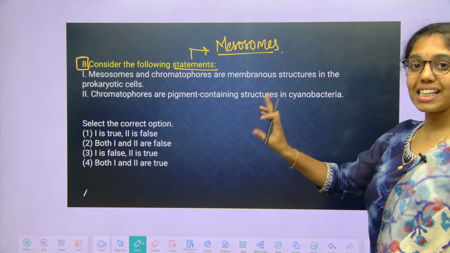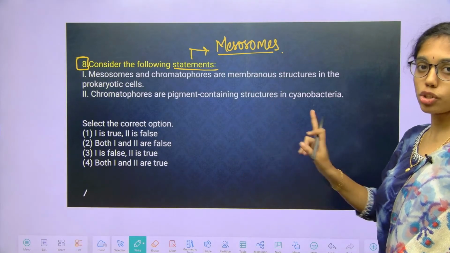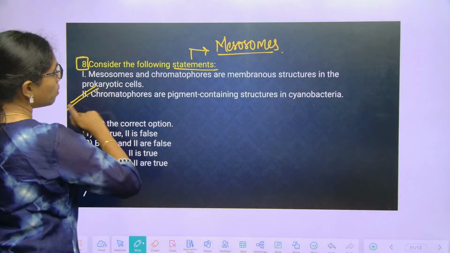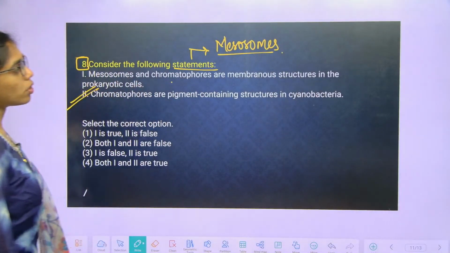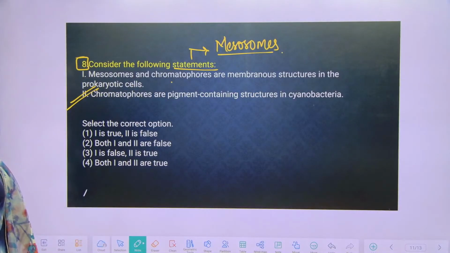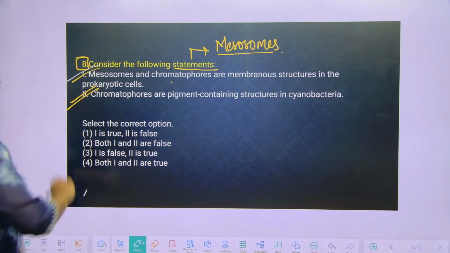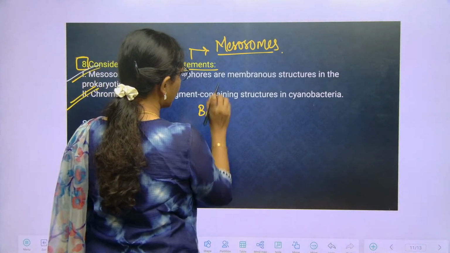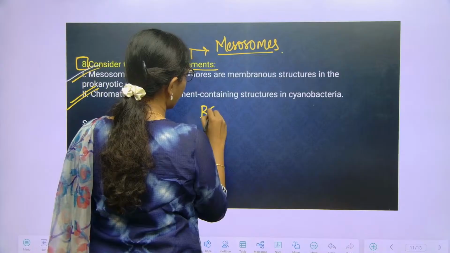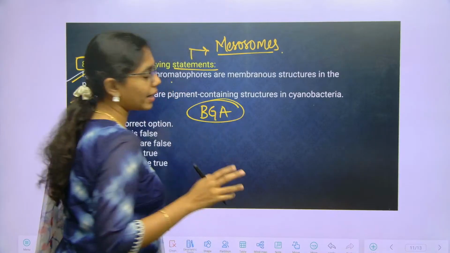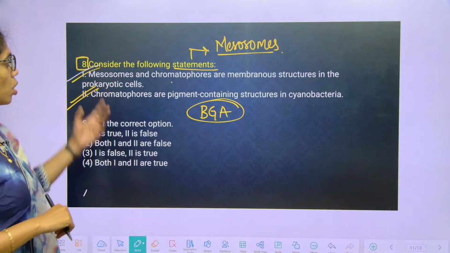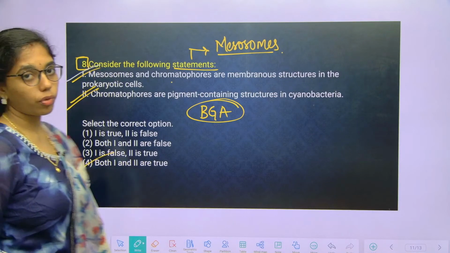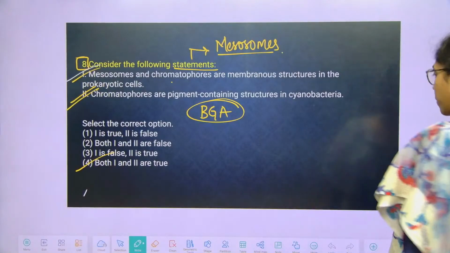Mesosomes present in cyanobacteria contain pigments, and that is addressed as chromatophores. Mesosomes and chromatophores are membranous structures in prokaryotic cells, true. Both are observed in a prokaryotic cell only, because blue-green algae is a prokaryotic cell. It does not have a membrane bound nucleus. So both the statements are correct, option 1 and 2. Option 4 is correct. Next.